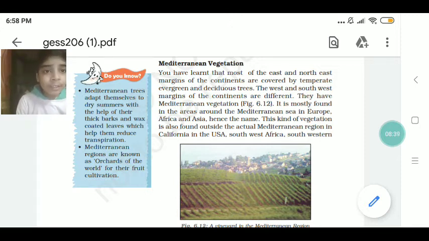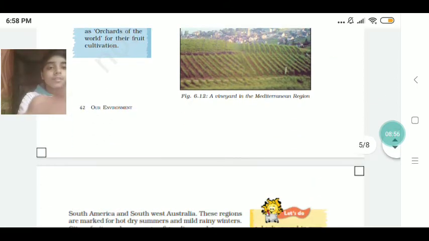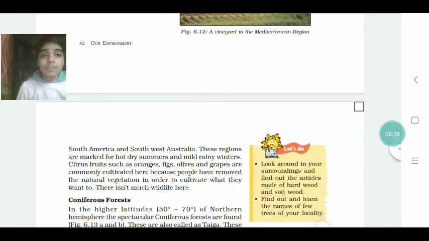It is mostly found in the areas around the Mediterranean Sea in Europe, Africa and Asia, hence the name. This kind of vegetation is also found outside the actual Mediterranean region, in California in the USA, Southwest Africa, Southwestern South America, and Southwest Australia.